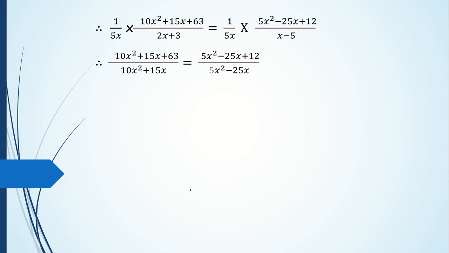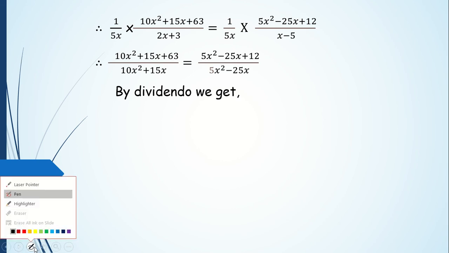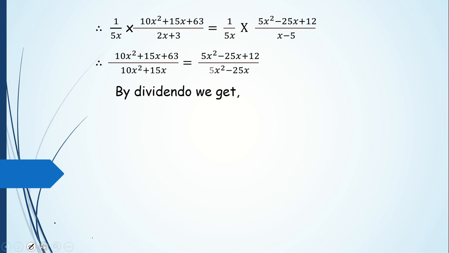So we will say by dividendo we will have to do subtraction. Now for dividendo, this entirely is the numerator, right? This is our numerator and this is the denominator.